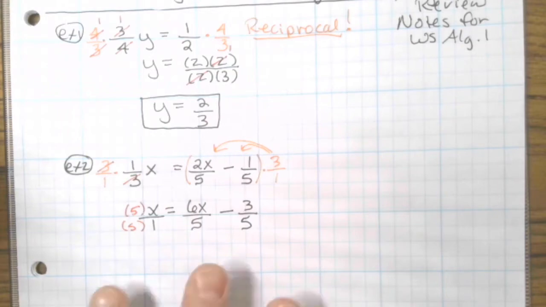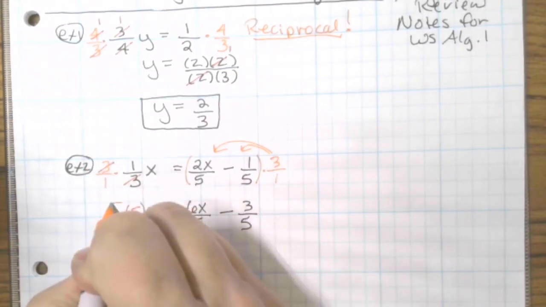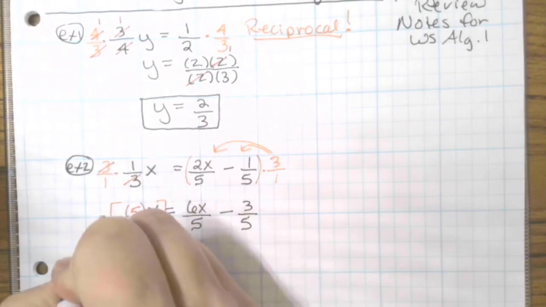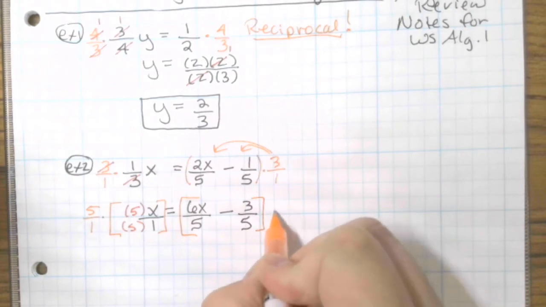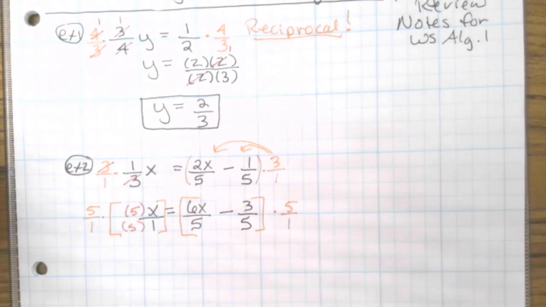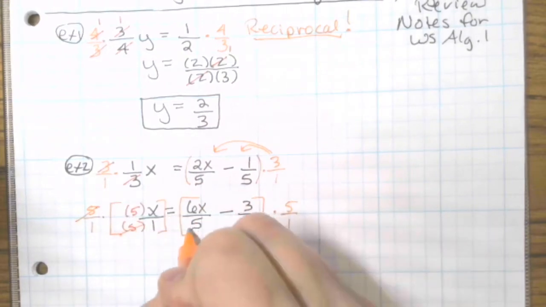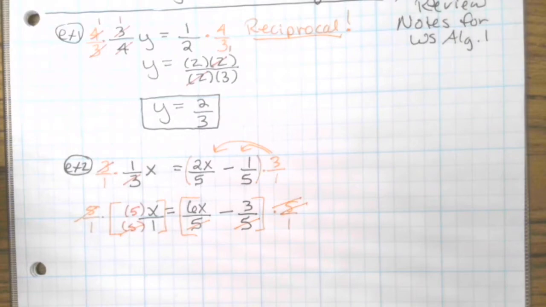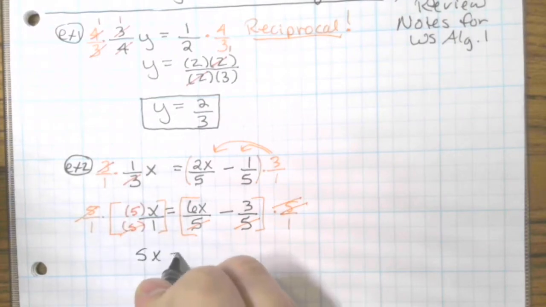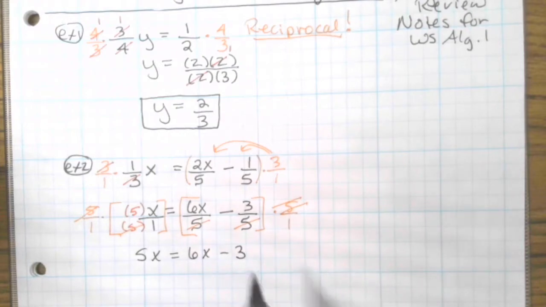Now that all 3 are 5s, I can use the reciprocal, which is 5 over 1, and multiply all terms on both sides by 5 over 1. What happens is the 5s divide out, and all you're left with are the tops. 5x equals 6x minus 3, which is much easier to deal with.